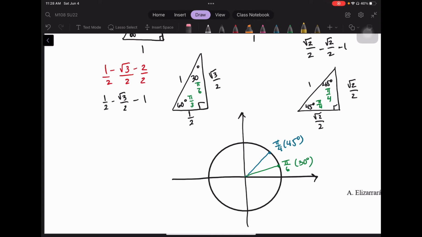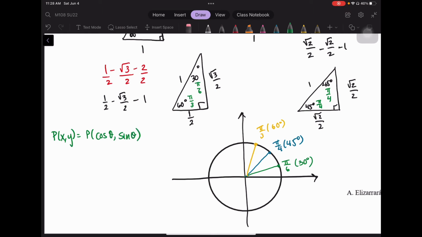And then I have pi over 3 for 60 degrees. I could find what those point values are now based on the ratios that we have for 30, 60, 90, and knowing that the sine and cosine, remember we have this point x, y, is the same thing as the point cosine of theta, sine of theta.